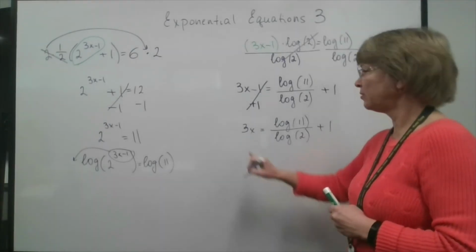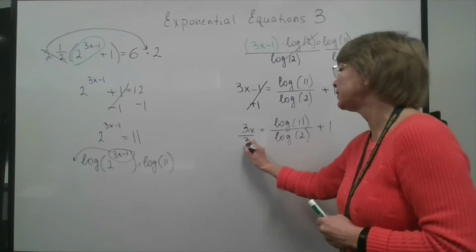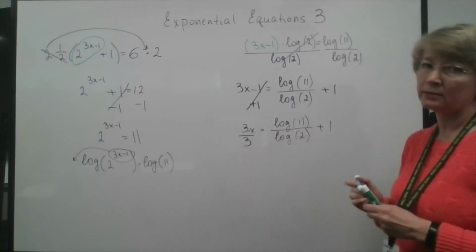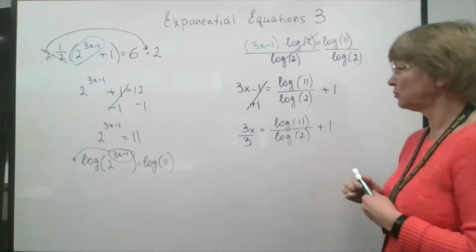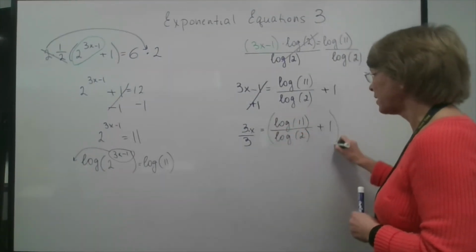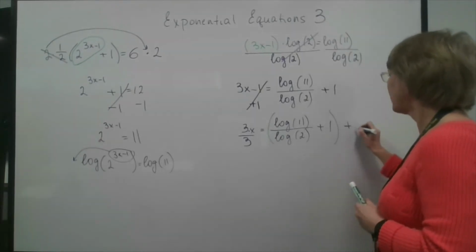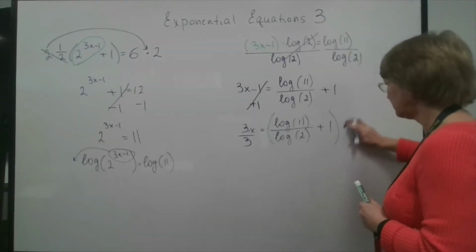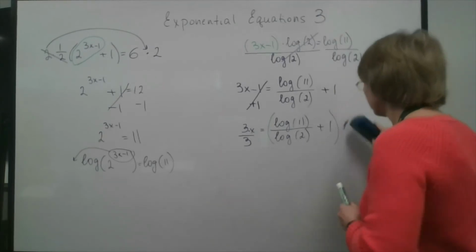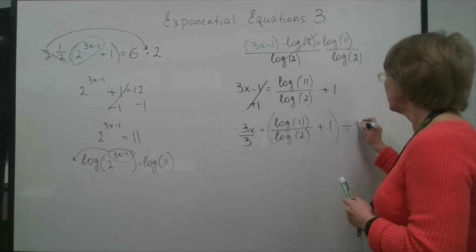And the last step, because it's multiplication here, we have to divide by 3. Again, please be careful, because right now you have to put parentheses right here and say divide, not add, divide by 3.